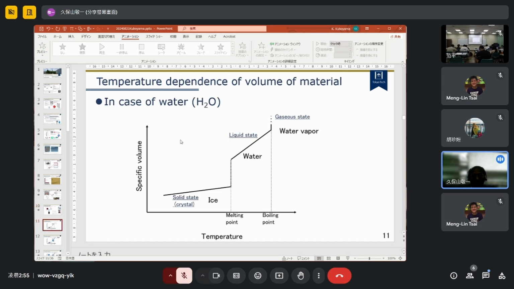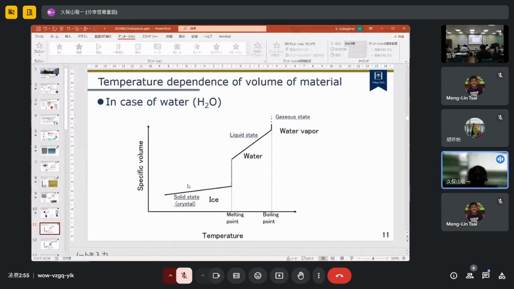And okay, let's think about the volume change depending on the temperature. Before thinking about the case of the polymer, let's start from the case of water, which is maybe very familiar to you. At lower temperature, water is in the solid state, that is ice.